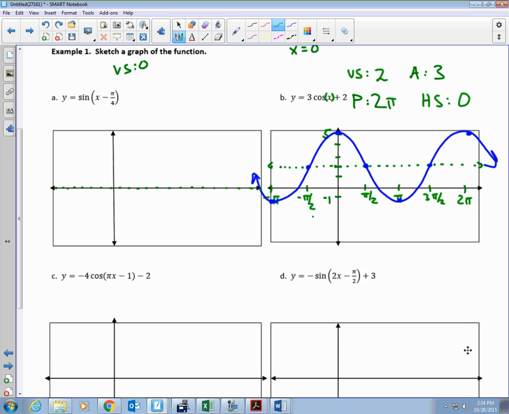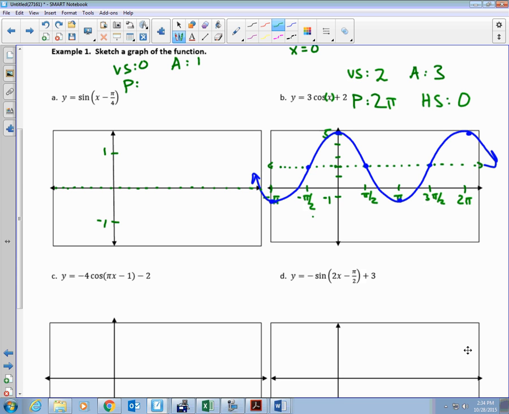What's the amplitude? 1. So if the vertical shift is 0, there's no vertical shift, and the amplitude is 1, what's my highest value? 1. What's my lowest value? Good. Well, see, and when I look at that, those don't look like they're evenly spaced. So I go back and I redo it. I want it to look like a really good graph. Okay, we have time.